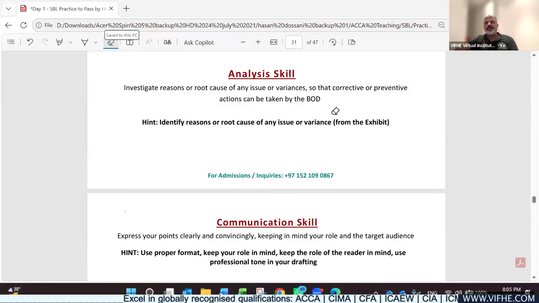From where will you get the reasons? Any idea? You need to identify the reasons, right? Yes, the reasons will be hidden or mentioned in the exhibit. So you need to identify the reason and explain it to the board or the examiner.